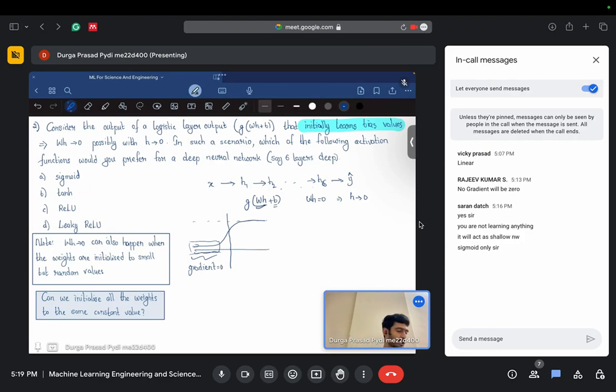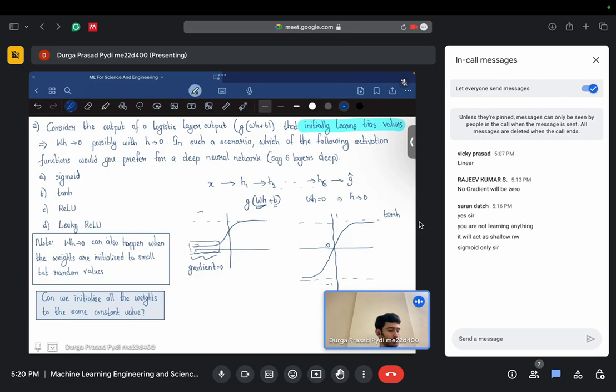If you were to plot the tanh function, it's similar to sigmoid, the only difference is it will be offset. So it will be something like this. So this is tanh.